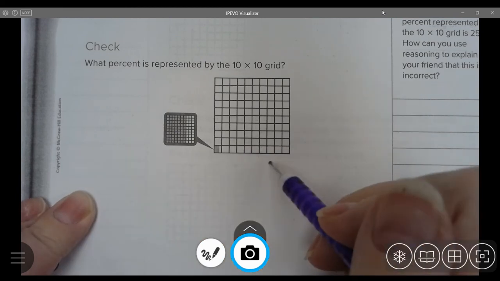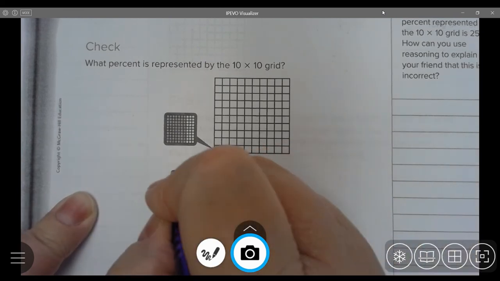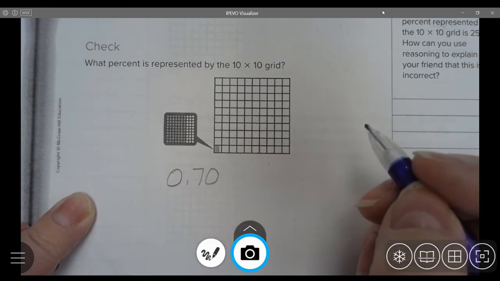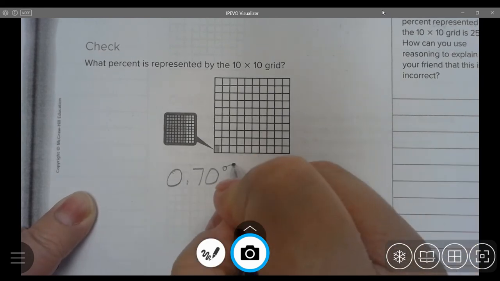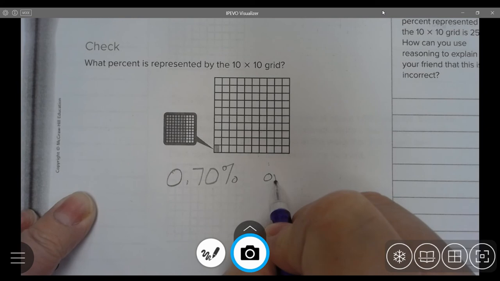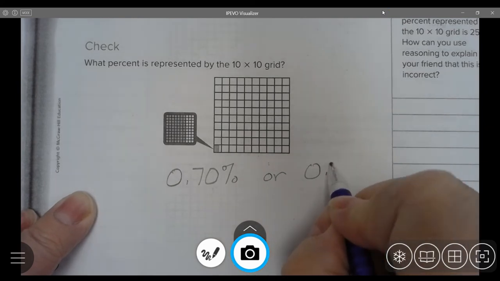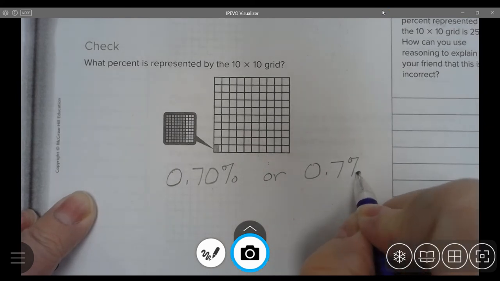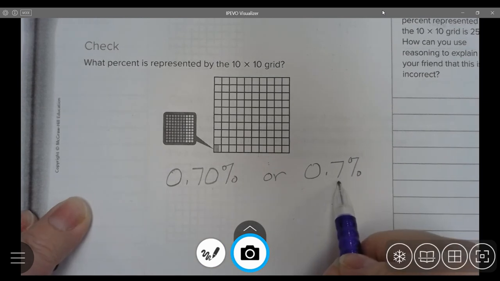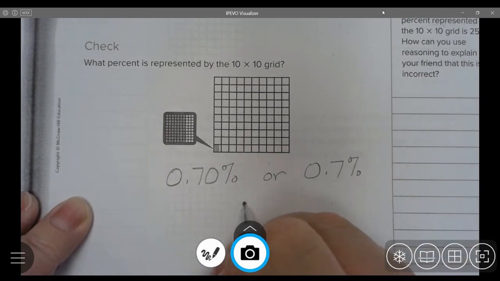So if I'm taking a look at this, we have 0.70%. So 70 hundredths of a percent. Or another way to say that would be 7/10 percent. We can drop the 0 and say 7/10 percent.